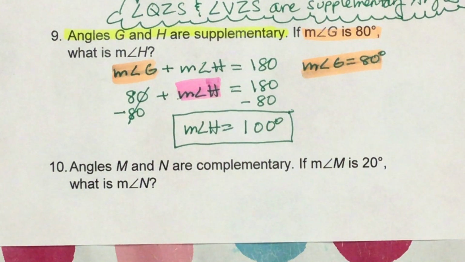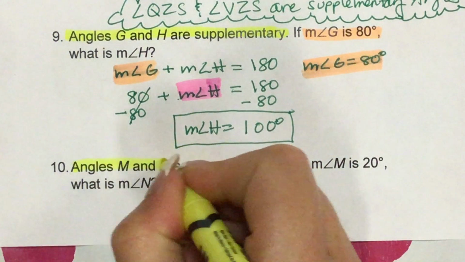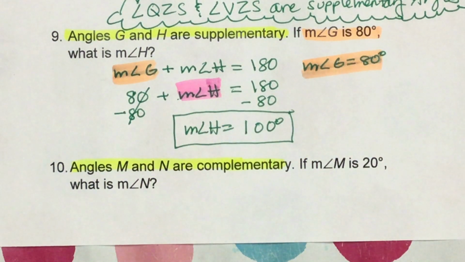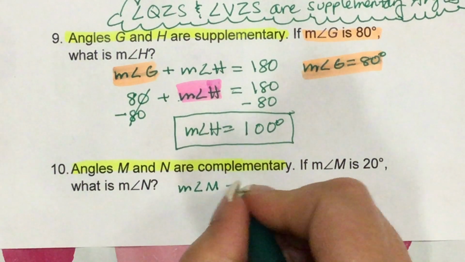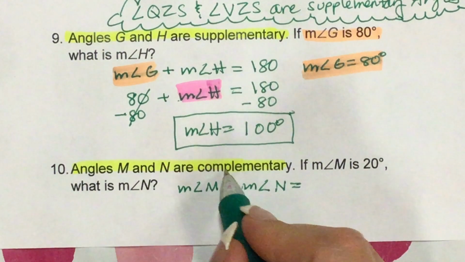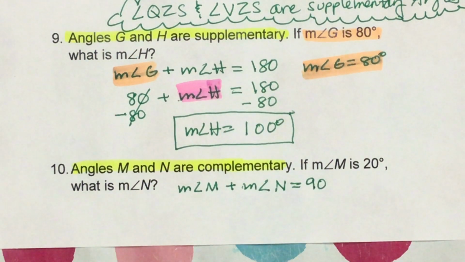All right, we are back. So our equation, the information for the equation is right here. Angles M and N are complementary. What that means is that the measure of angle M plus the measure of angle N equals, angles that are complementary means they add up to 90 degrees, okay?